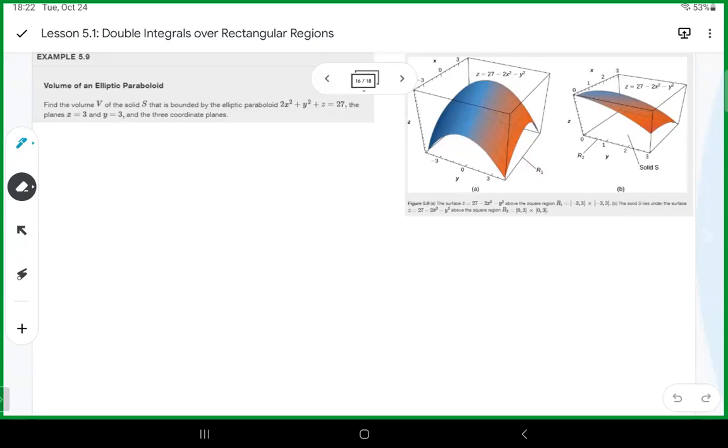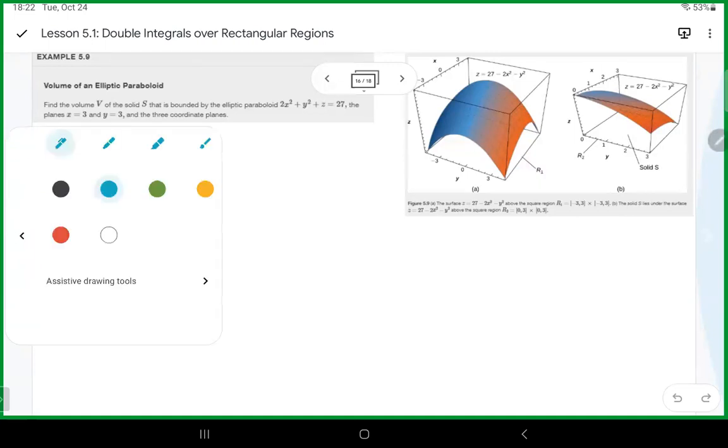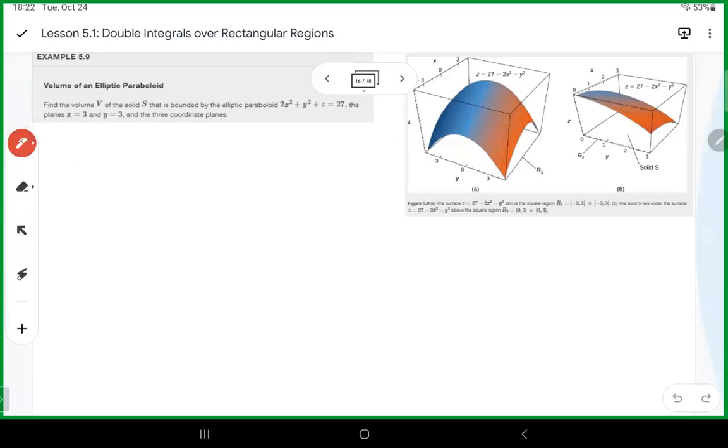And you would think this would be a big, long, crazy problem, but it's going to fit on here very nicely. So volume is equal to the double integral of z dA, which is the double integral over R of 27 minus 2x squared minus y squared dA.